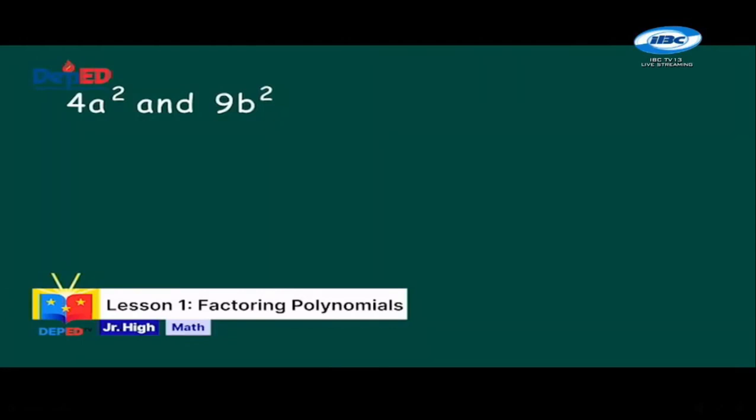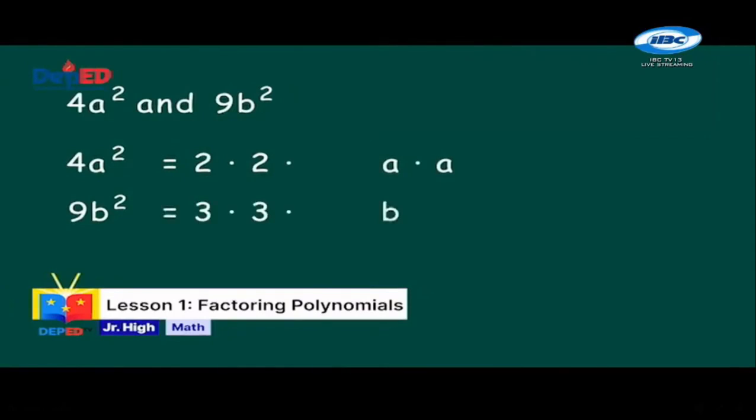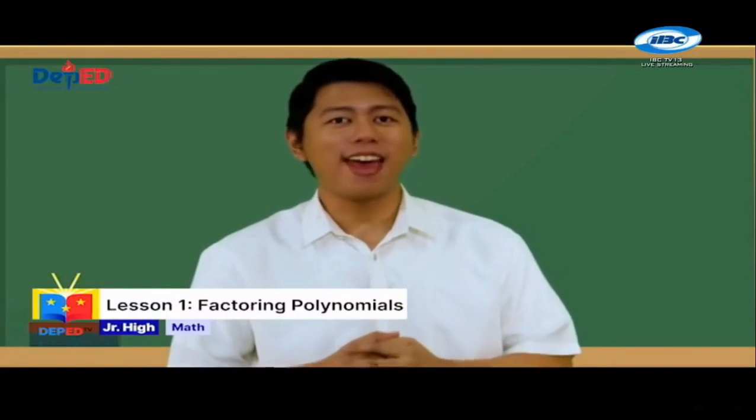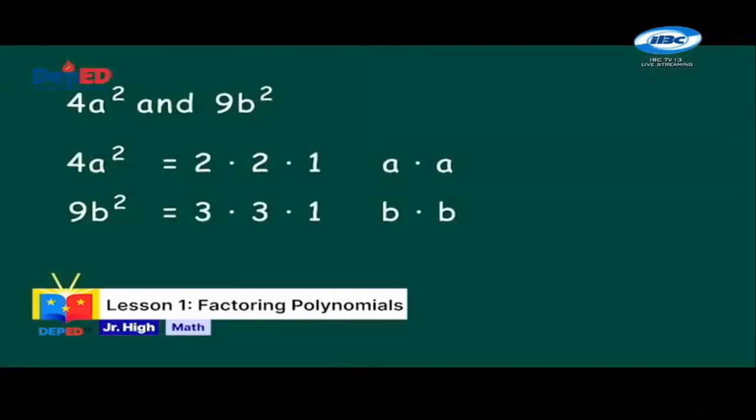Let us start with the numerical coefficients 4 and 9. 4 can be expressed as the product 2 times 2, and 9 can be expressed as 3 times 3. Do they have common factors? In a glance, they seem to have no common factors. But remember that 1 is a factor of any number. Hence, the greatest common factor of 4 and 9 is 1.